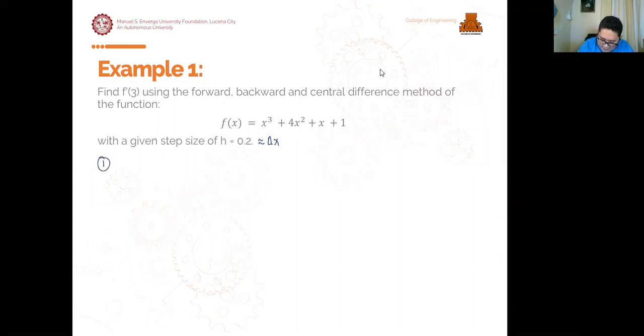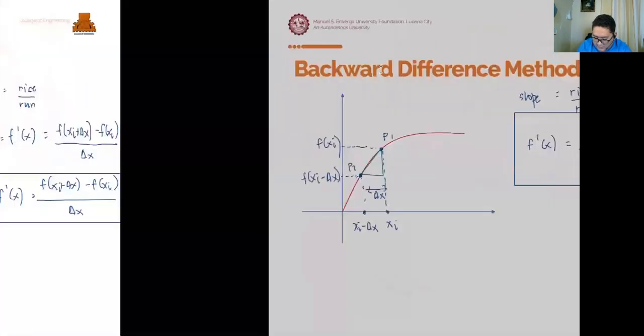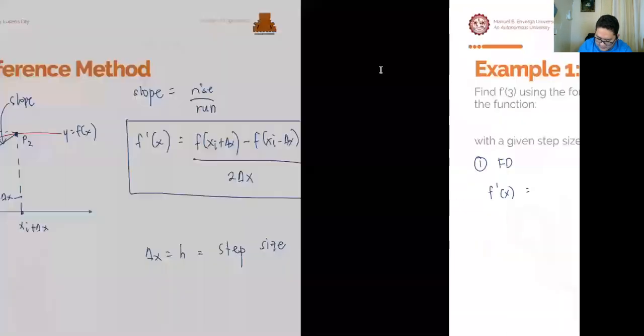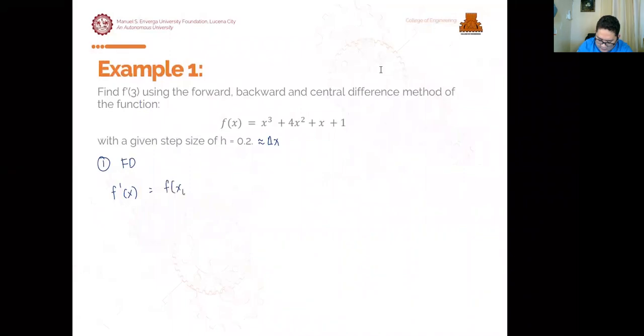So, in the first example, we will use the forward difference method. Okay? Our derived formula is f prime of x equals the forward difference: we can go back to our derivation. So, f of x sub i plus delta x minus f of x sub i, all over delta x.